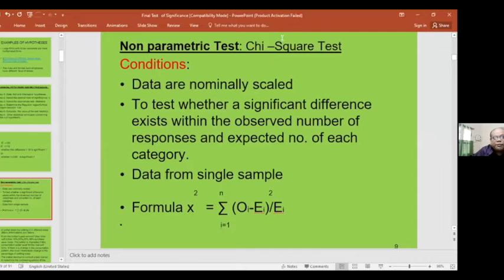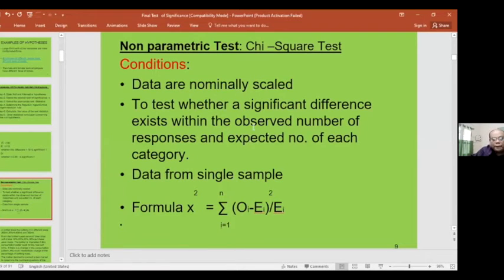Now, the condition for applying the chi-square test is that data are on a nominal scale. It tests whether a significant difference exists between the observed number of responses and the expected number. What you expect and what you observe, and whether this difference is significant or not.